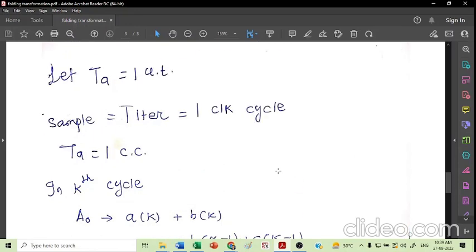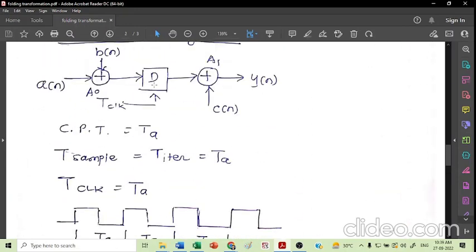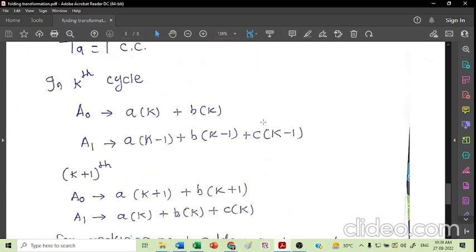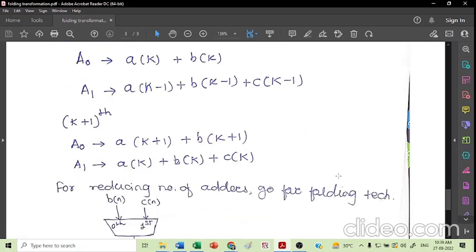Why is it minus 1? Because of this delay element. And in the K plus 1 cycle, A0 is equal to AK plus 1 plus BK plus 1. Simply plus 1 is getting added here, and A1 is equal to AK plus BK plus CK.